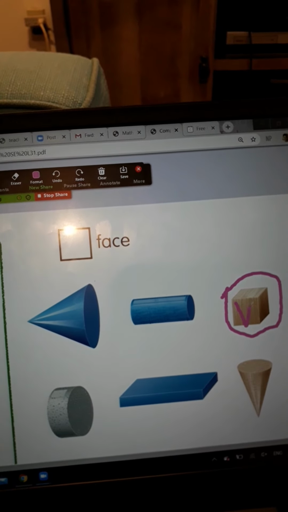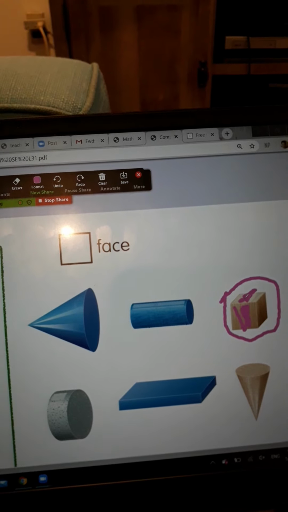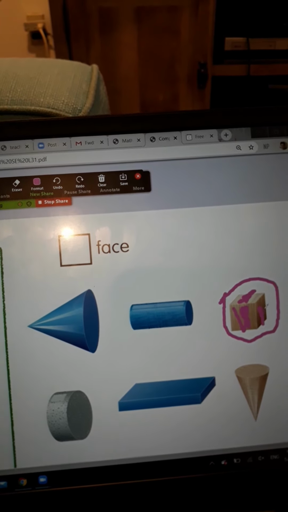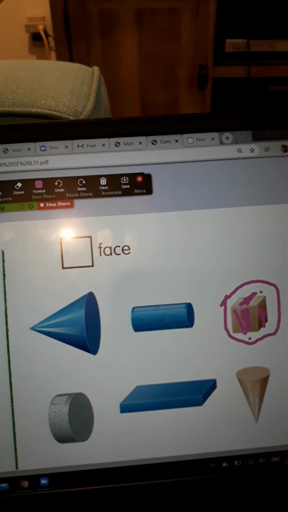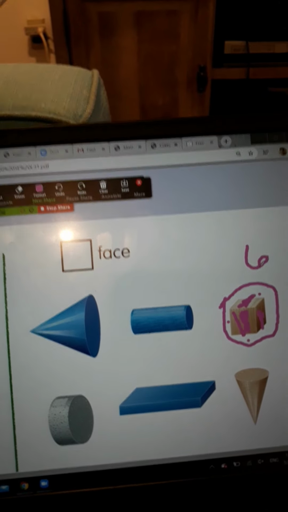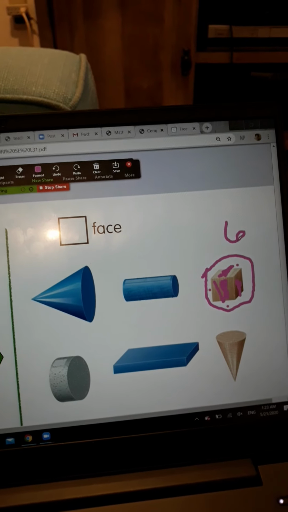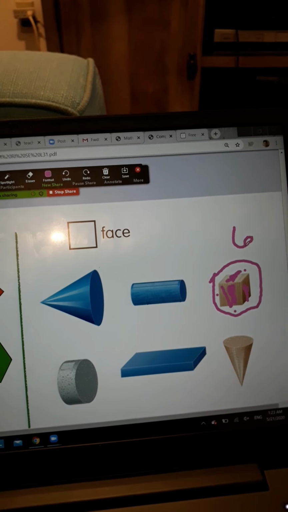Let's count them again. 1, 2, 3, the one in the back, 4, the one underneath, 5, and the one on this side, 6. So this one has 6 faces. Can you see any other shapes that have faces? Okay, awesome. So go ahead and look for it. Have fun with it.